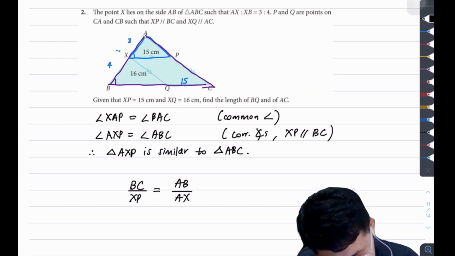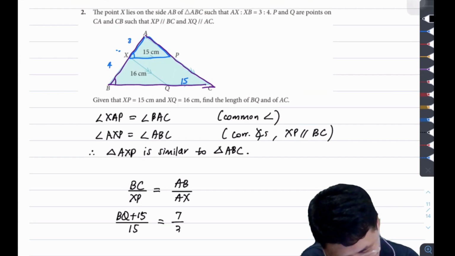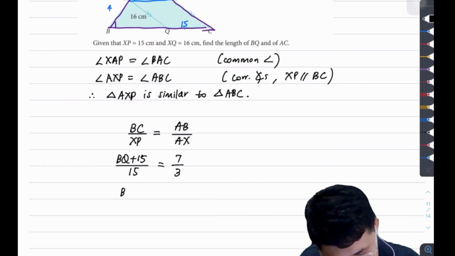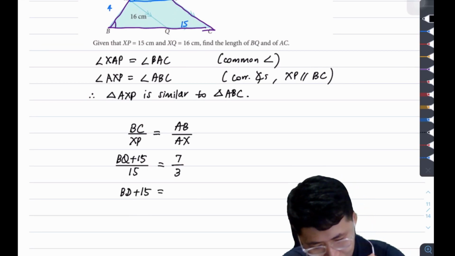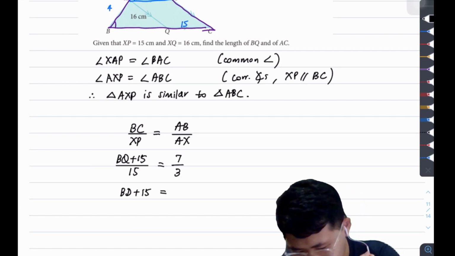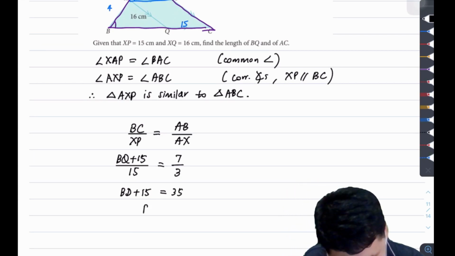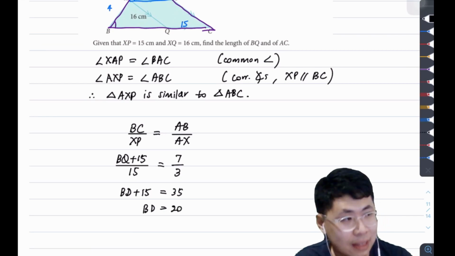So BC, I'm going to write as BQ plus 15, and XP is equal to 15. AB to AX: AB is 7 units, AX is 3 units. So BQ plus 15 is equal to 35. So the length of BQ would be equal to 20.